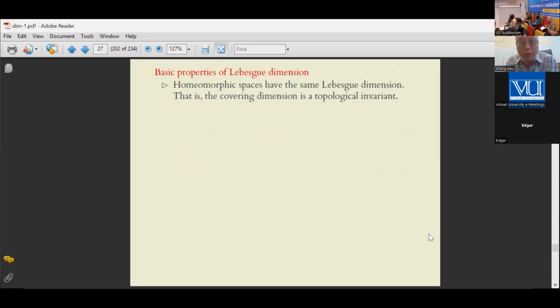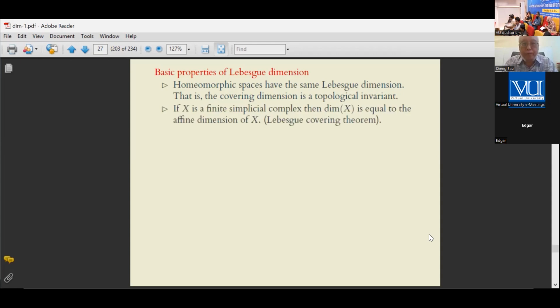So the properties of Lebesgue dimension: it is a topological invariant. So homeomorphic spaces have equal Lebesgue dimension. And finite simplicial complexes. Here I need to really notice that currently all over the world, topology is taught in a way that is only point set topology.